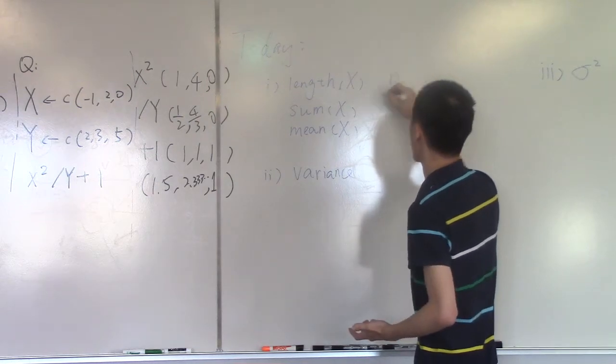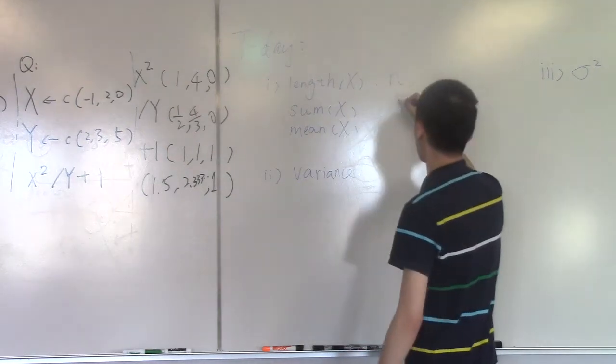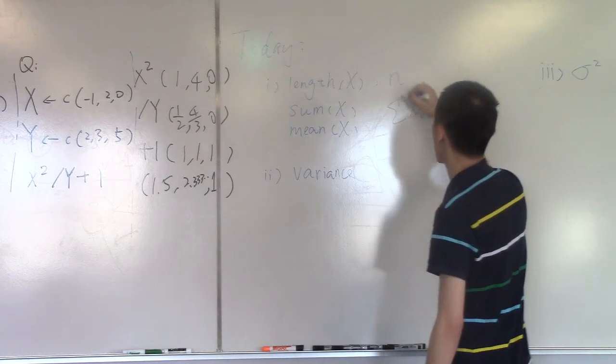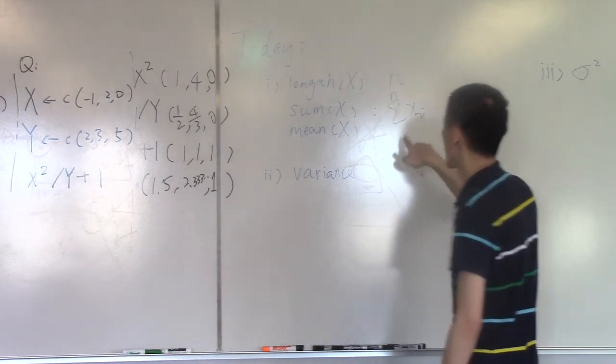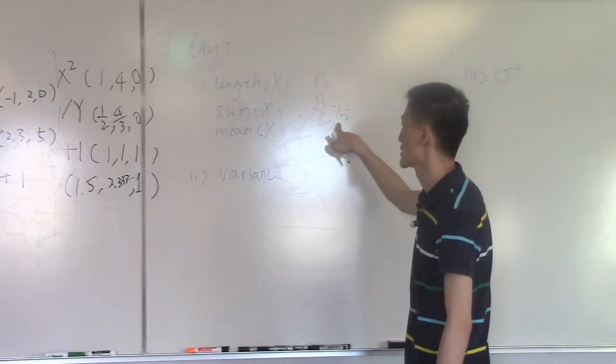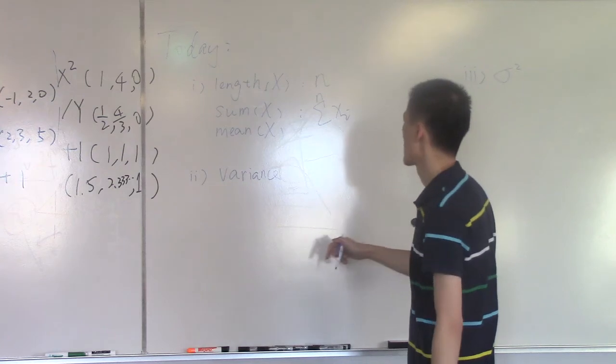It is pretty straightforward. The sum of x will return you the sum of each component of x. If you're not familiar with the sigma symbol here, it just means add up everything in vector x.